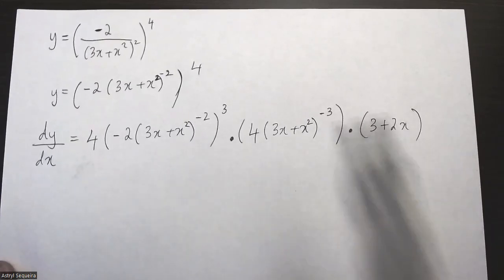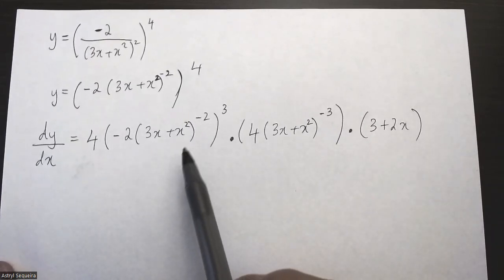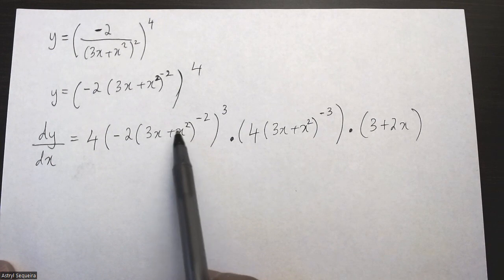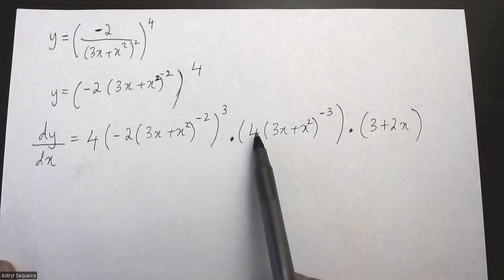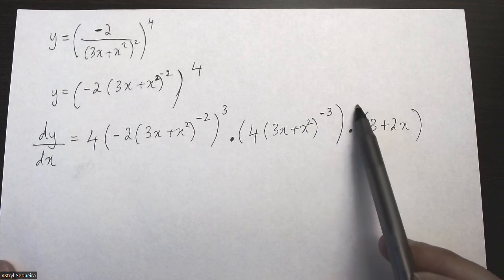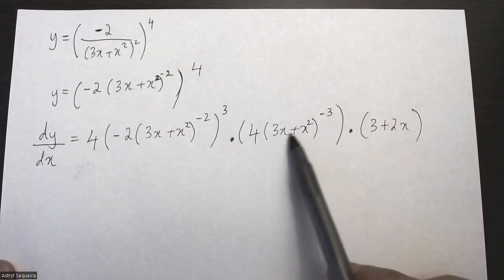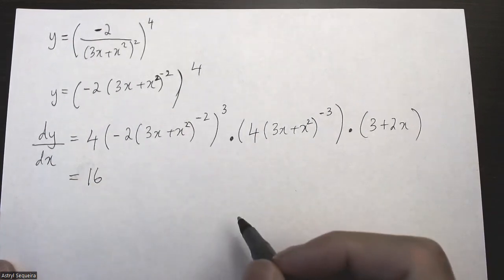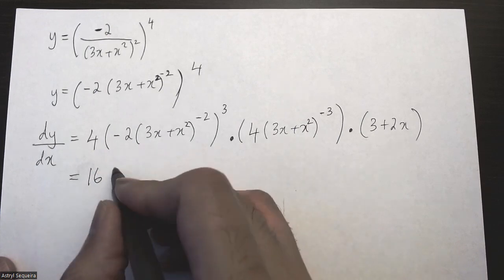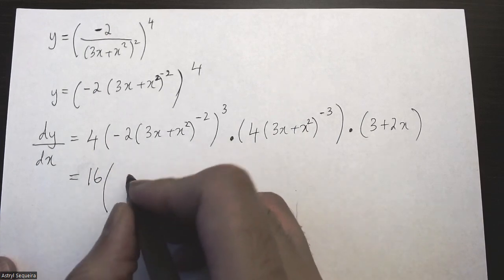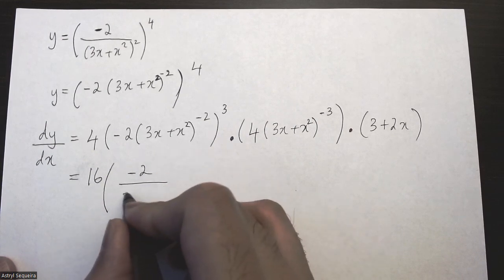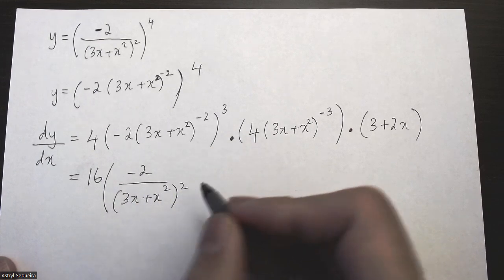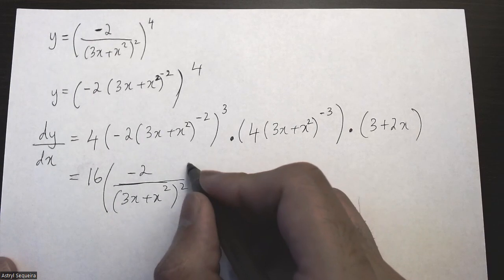And this is my final derived solution, although I can simplify it. I can't multiply this number with this number because this number has an exponent, so I can't really touch that. I'm going to multiply this number with this one because this number has no exponent outside the bracket. The exponent is only for this term over here. So 4 times 4 will be 16. Then inside the bracket here, I'm just going to write this as -2 divided by 3x plus x squared and make this exponent a +2 because we don't want negative exponents in our final solution.